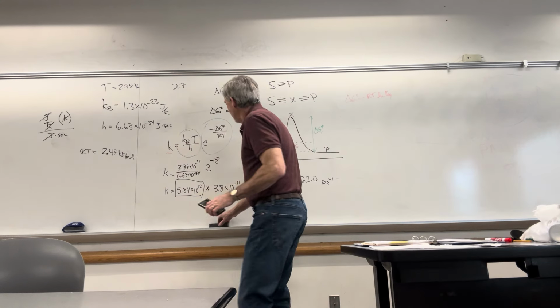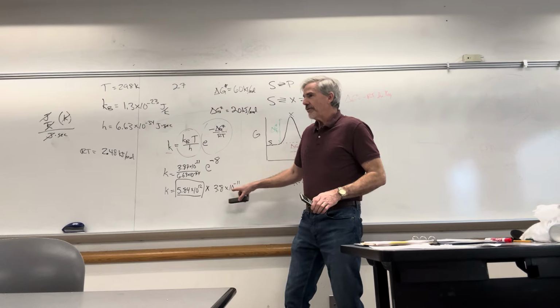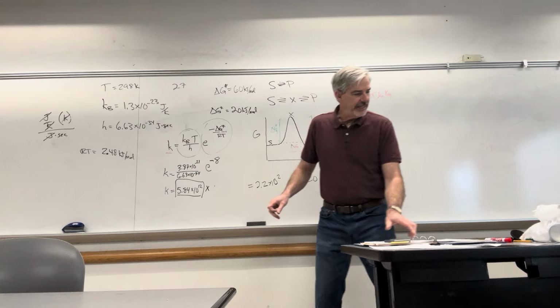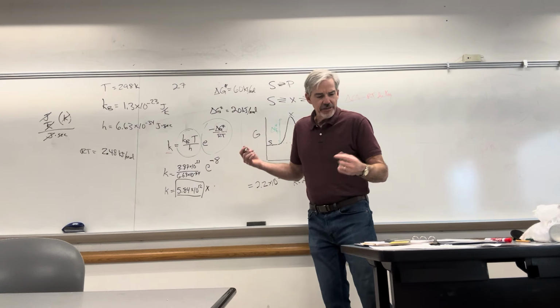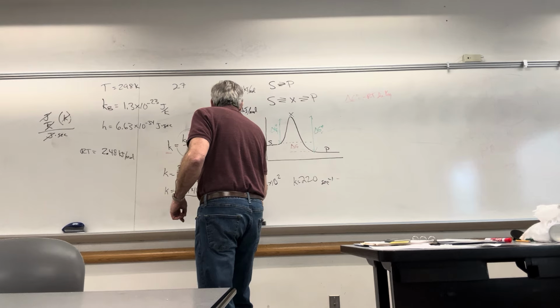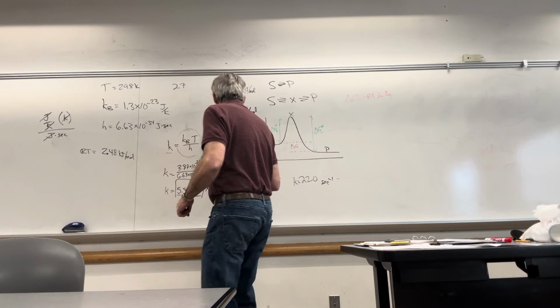Okay, so now, instead of 3.8 times 10 to the negative 11, e to the negative 8th is going to be, I've got 3.36 times 10 to the negative 4th.